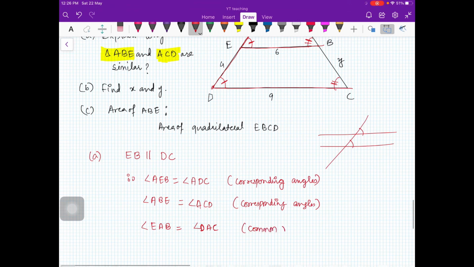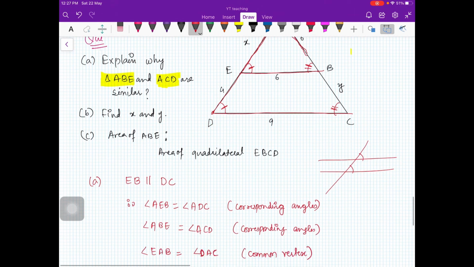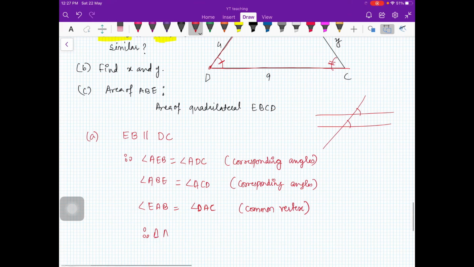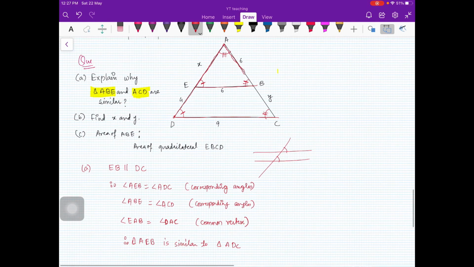Okay, common vertex. So all the angles are equal in both the triangles. Therefore, triangle AEB is similar to triangle ADC. Okay, so you understand?